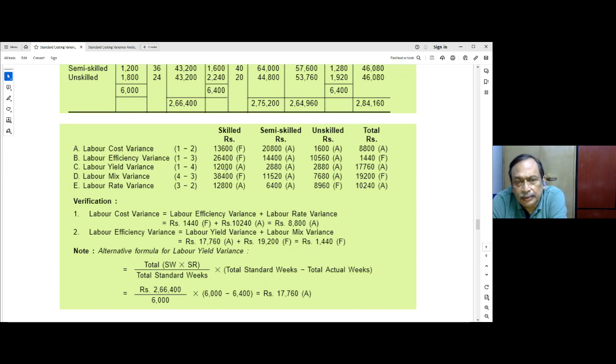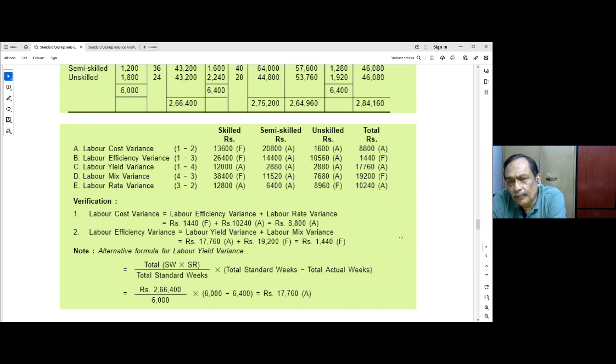Labor efficiency variance is 1 minus 3, that is 26,400 favorable, 14,400 adverse, 10,560 adverse, and 1,440 favorable.